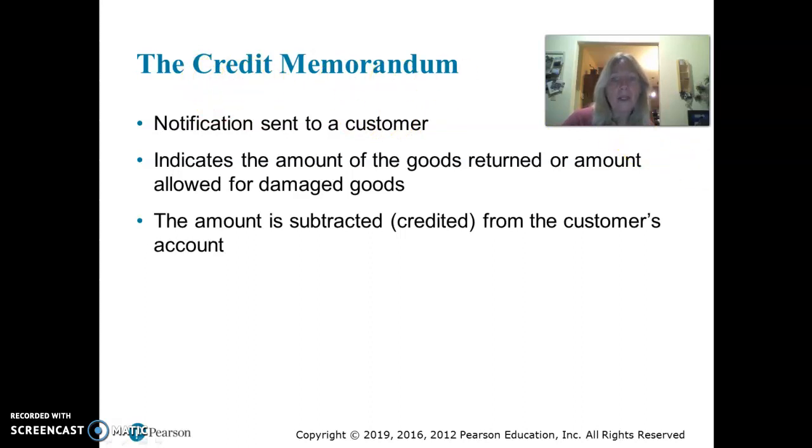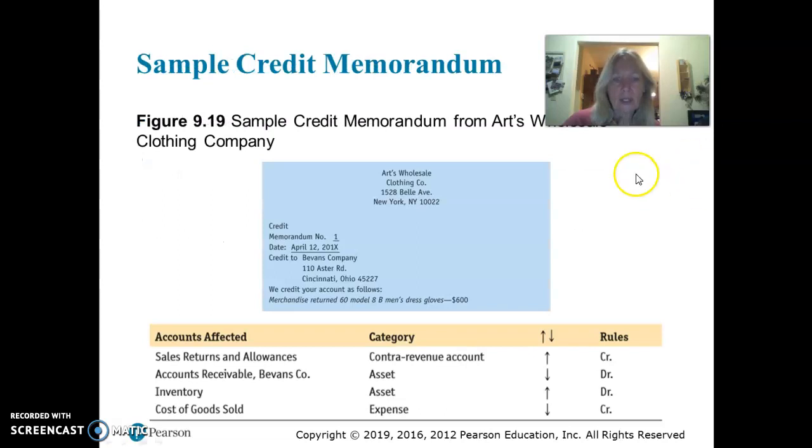So a credit memorandum is basically when a person has that sales returns and allowances, they get a credit memorandum because it is going to credit their accounts receivable. It credits your accounts receivable, so they don't owe you any money anymore. So this is a credit memorandum. So basically they're bringing an item back to you, and so they would owe you a little bit less money.